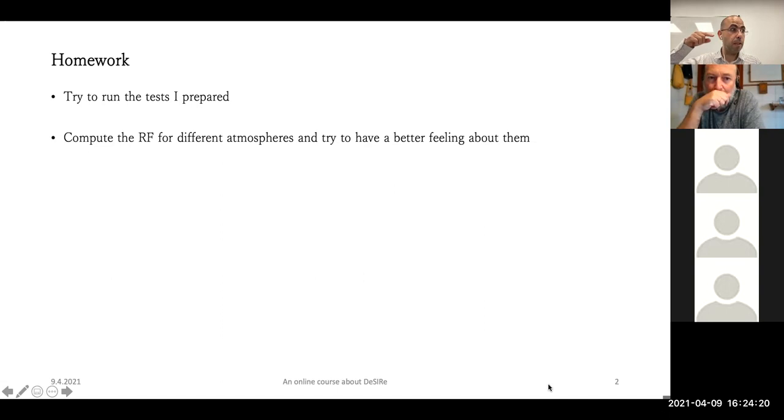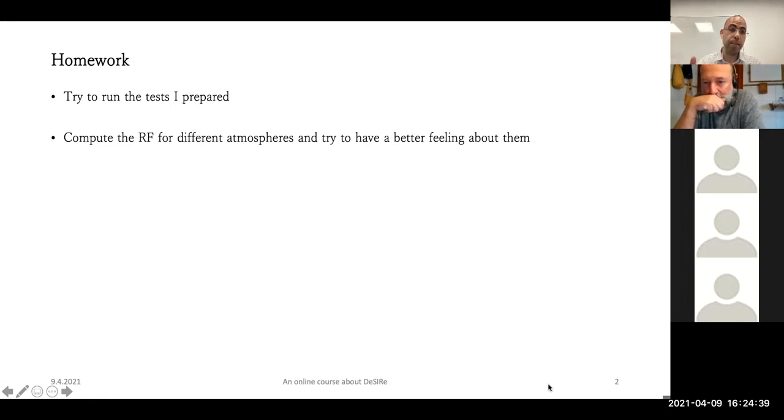But even if the response function changes, probably the regions of very, very low sensitivity will not change too much. So we cannot fix that, but sometimes they can be shifted a bit. So the response function could have a bit higher sensitivity in one layer or in the other.